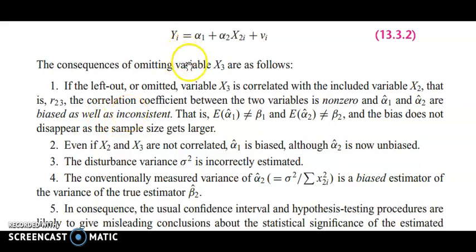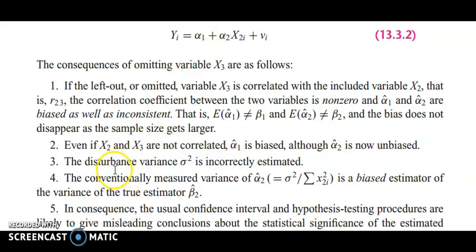Also, if the correlation coefficient between x2 and x3 is 0, meaning that the included variable and the excluded variable are not correlated at all, alpha 1 hat is still biased. So whether the correlation coefficient between x2 and x3 is non-zero or 0, the estimator is still affected.